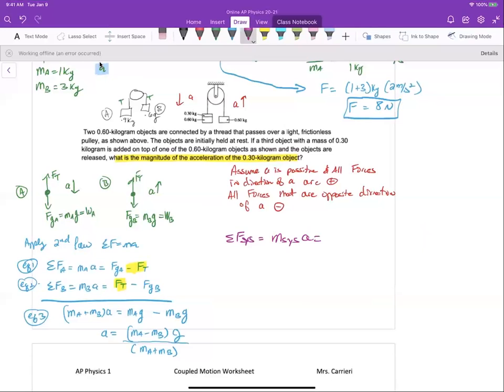The one that's working for me is the force of gravity on object A. The one that's trying to slow me down, that's external to the system, is the force of gravity on object B. Plug all those in, and guess what you get? You get the exact same thing as when I solved it just now, kind of a more piecewise approach.